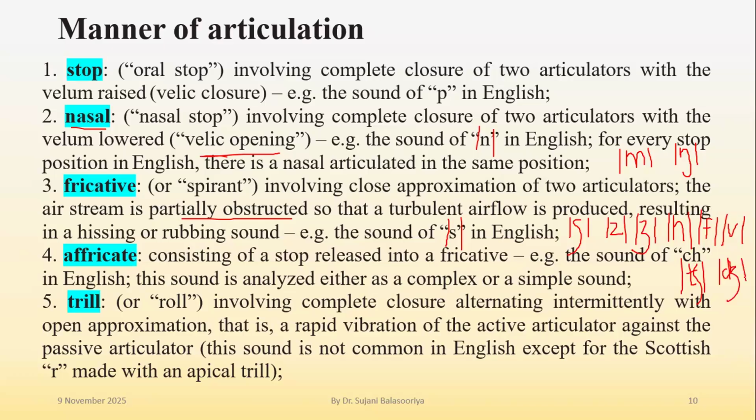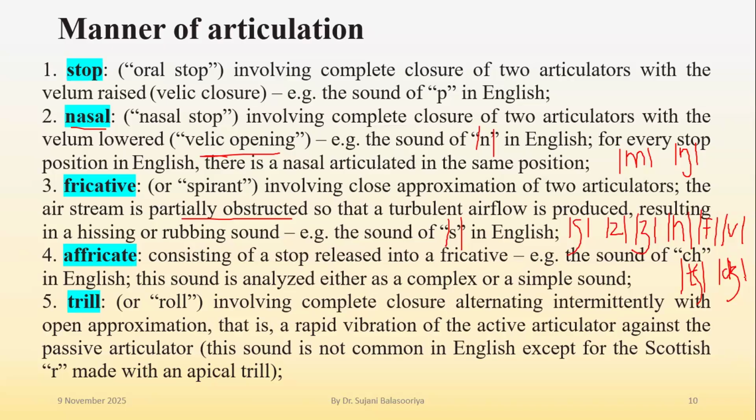See how you produce these two sounds. We first completely block the airstream, ch, j, by using the hard palate and the front of the tongue. But after that, we slowly keep these two articulators apart, ch, with the friction, right?